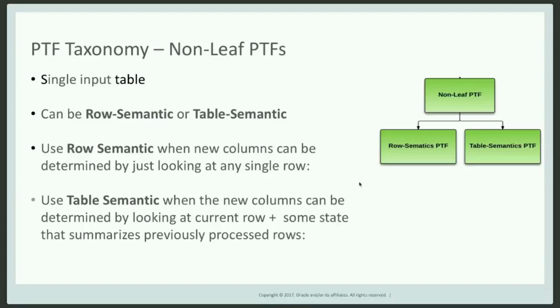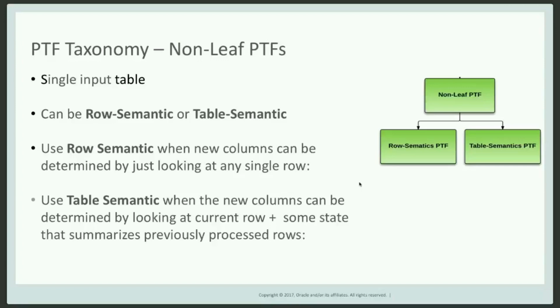Where you need to traverse a number of rows, and this is sort of like a window function type operation, the new column is some combination of the current row plus other rows that have been processed. So you might be doing, for example, a running total. Now I can't determine the total by just looking at the current row.